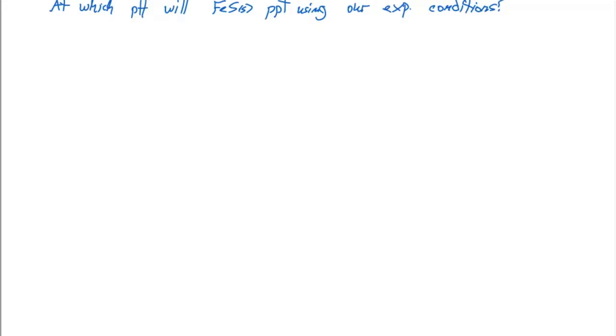So our Q expression can be set equal to the KSP, which is going to be 6 times 10 to the minus 19. That's going to equal the concentration of the Fe2+ times the concentration of the HS minus times the concentration of the OH minus. And remember, if we want Q to be greater than K, we want these concentrations to be increased.